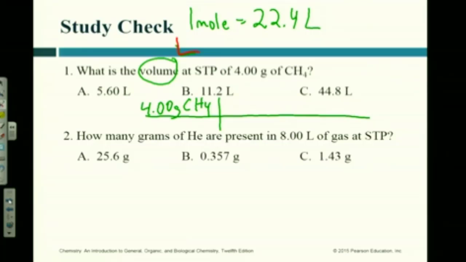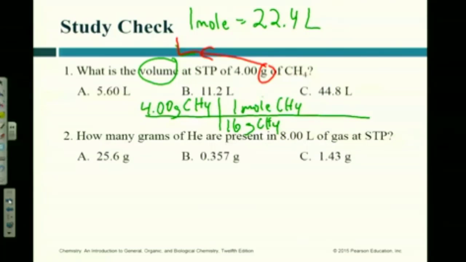Do you know how to go from grams to liters? I don't. Because I can't go directly there. But I can go from grams to what? Moles. Because 16 grams of methane is 1 mole of methane. How'd I get that? Molar mass.